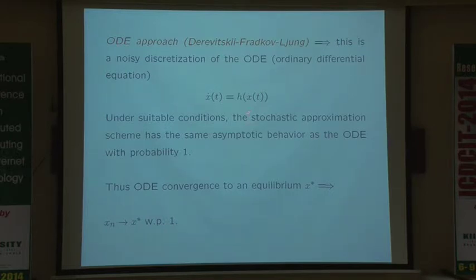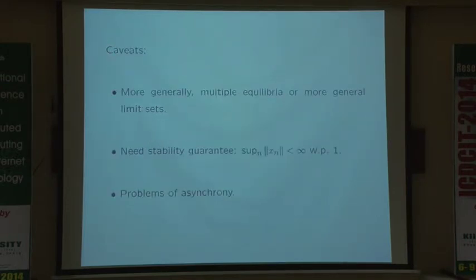This is extremely useful because you can go backwards. If you have any convergent differential equation, there's a potential algorithm for you. If you have a noisy measurement of the right-hand side, you have an algorithm with some promise of convergence. Of course, there are problems. I won't run into them in what I'm going to do, but in general there can be multiple equilibria, or more general limit sets.